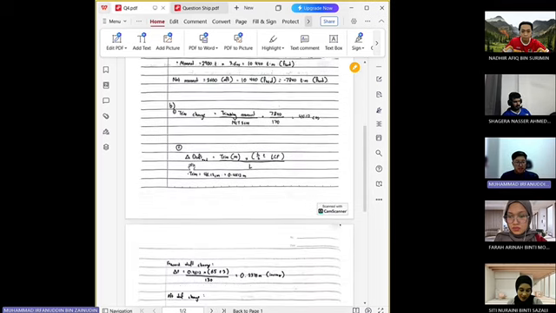Next, with the draft, times L/2, which is the length divided by 2, plus or minus the LCF, divided by the length of the ship. The trim you need to convert from centimeter to meter, which is you just divide by 100, and you get 0.4612 meters.